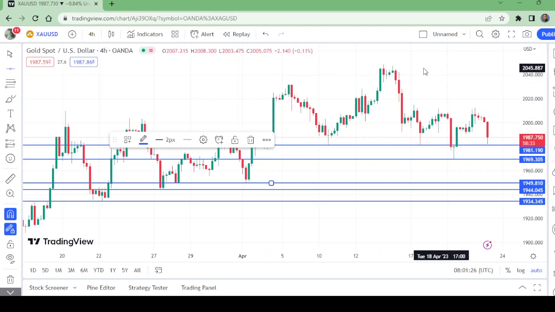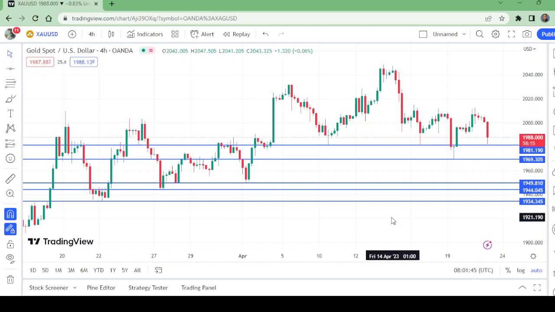And from here, now gold needed a retest somewhere downward. Because when the buyers are buying on a high price, they need to compensate by buying on the low price also. That is the retest. So there are strong buyers and strong sellers.